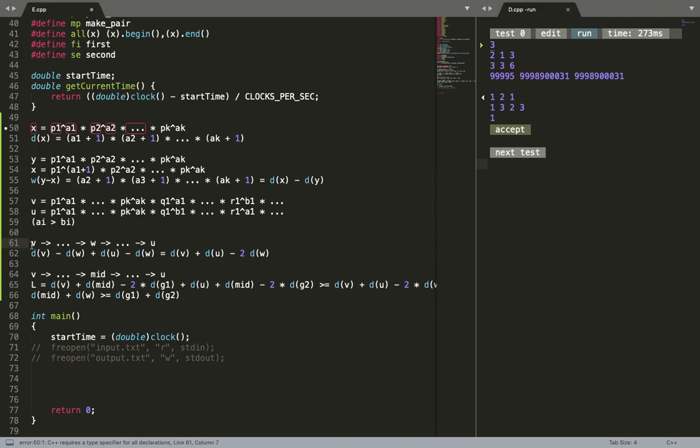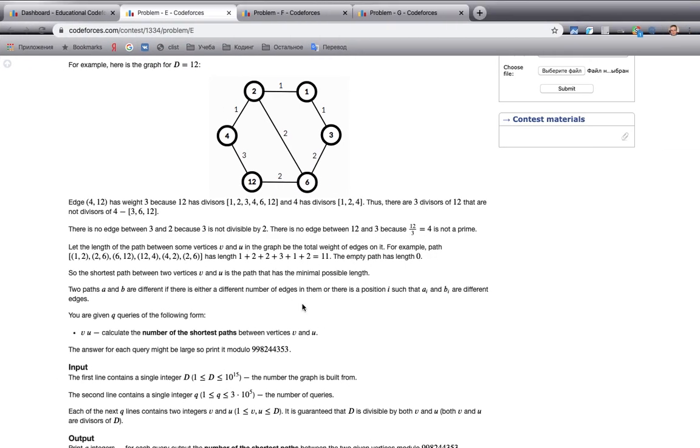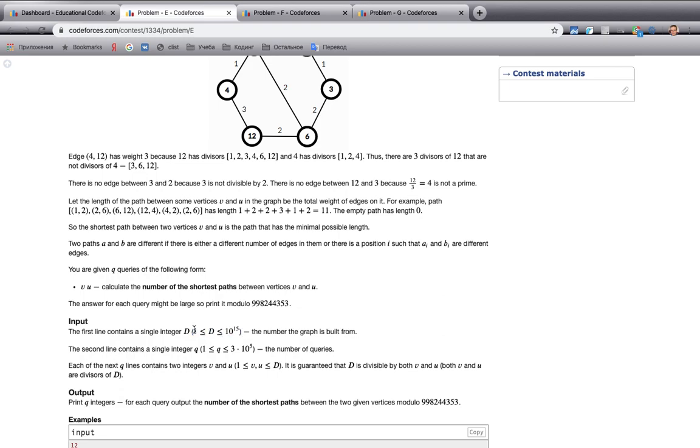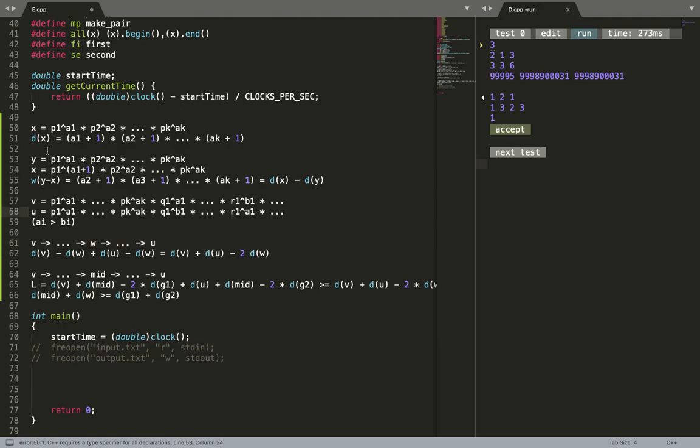I have to know in what prime numbers they are different. And to do this, all these numbers are divisors of the initial number d. I will factorize this number, remember all its prime divisors, and for these two numbers I will calculate their representation in this form.